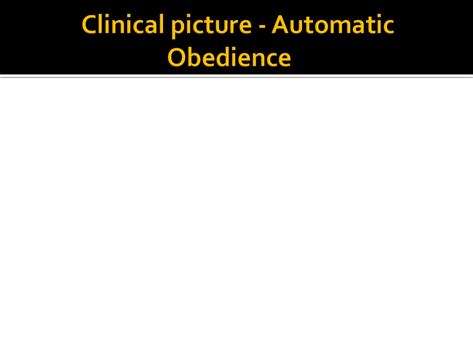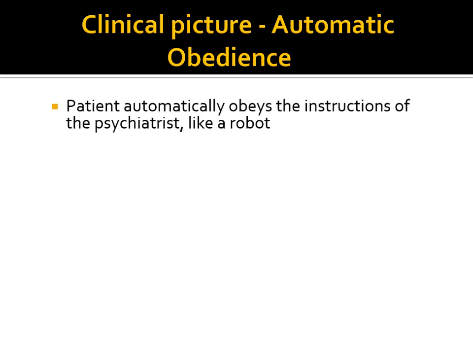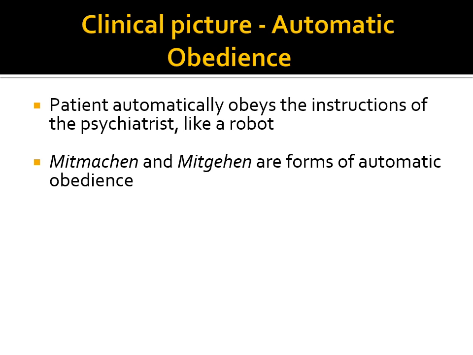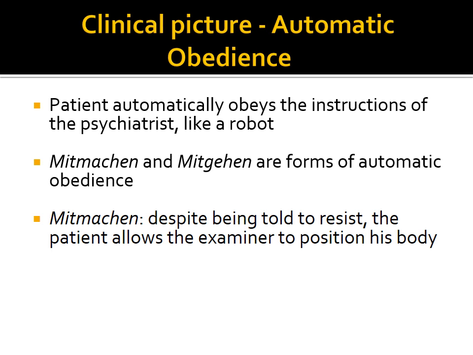So now we move on to automatic obedience. In this, the patient automatically obeys the instructions of the psychiatrist like a robot. And mitmachen and mitgehen are forms of automatic obedience. These are German words.